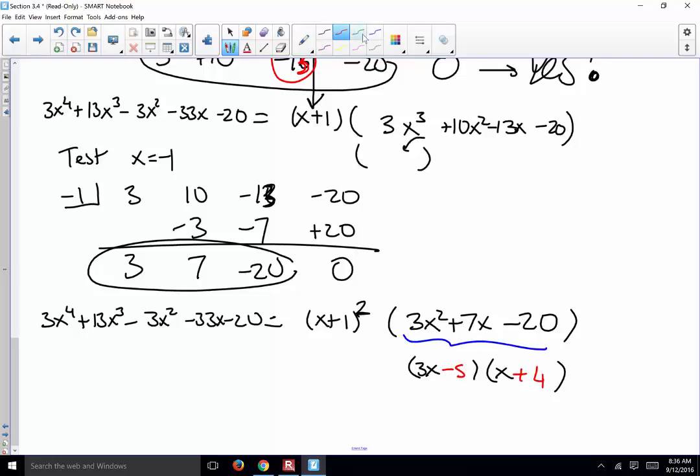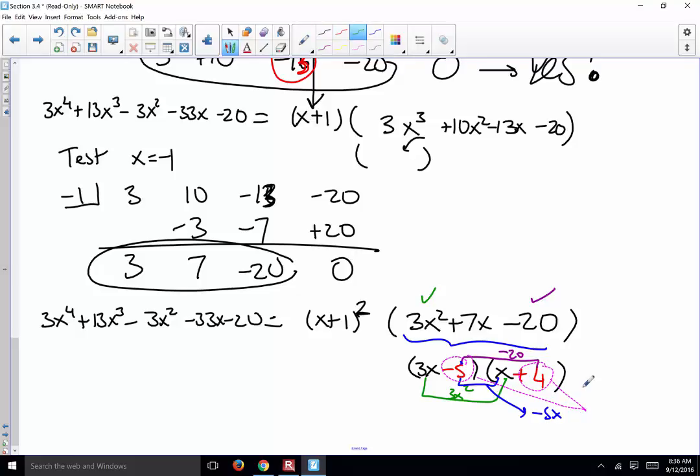I will double check. Multiply, this FOIL: first terms, 3x squared, check. O, what is O? Outside terms. This is O, it's minus 20, check. And then I is inside terms, which is minus 5x.